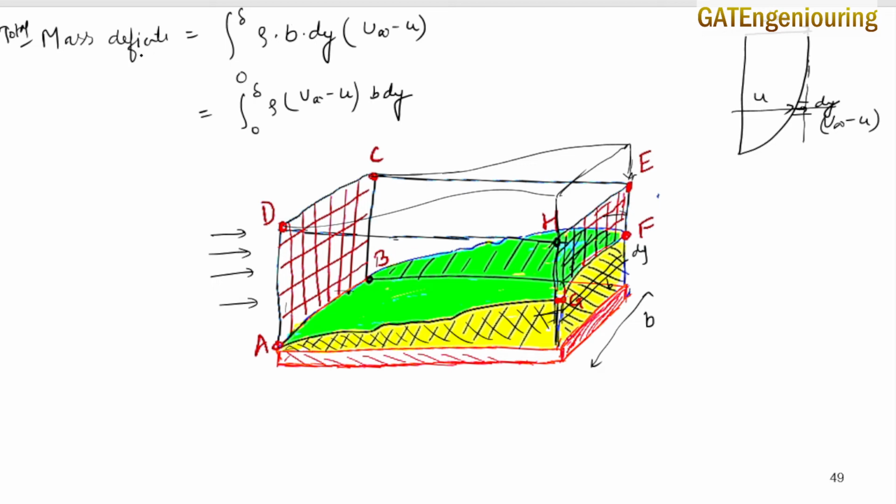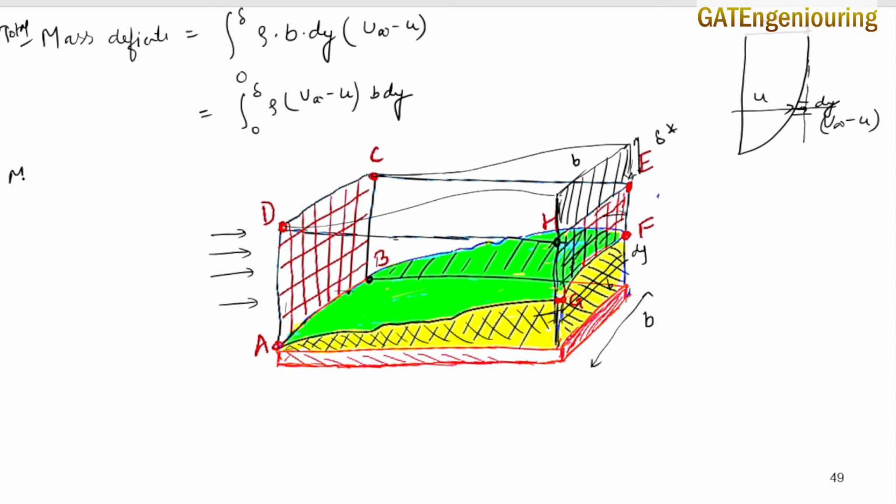Okay, now this mass deficit would be equal to the mass flux exiting this particular area. So this area has width b and depth delta star. So what would be the mass flow rate exiting this particular area?